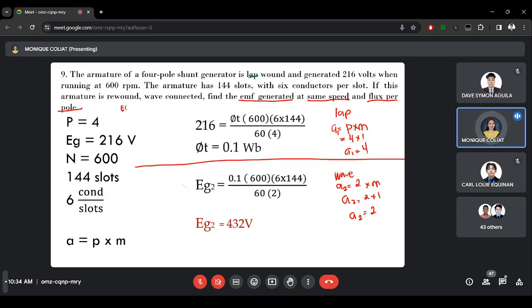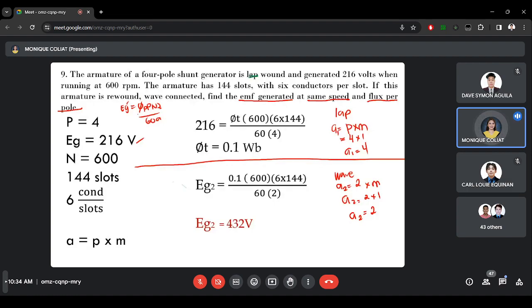We have EG equals flux per pole, P and Z over 60A. EG is given. Do we have flux per pole? None.